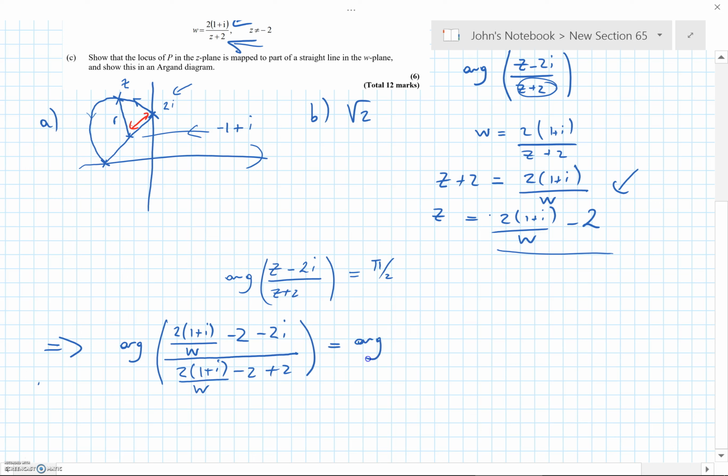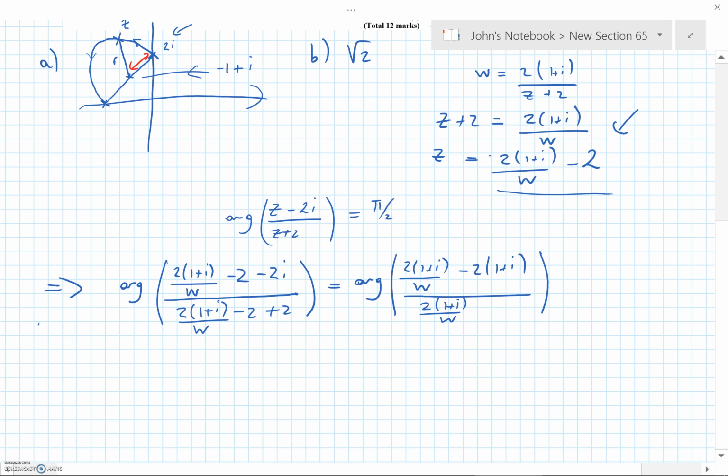So that gives us the argument of 2 bracket 1 plus i over w. The thing I'm actually seeing here also is almost a common factor of 1 plus i. So we've got minus 2 bracket 1 plus i here, just going to factorize it like that. And then on the bottom, I've got 2 bracket 1 plus i over w.